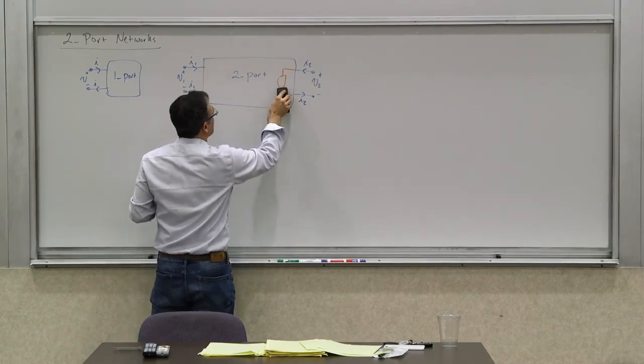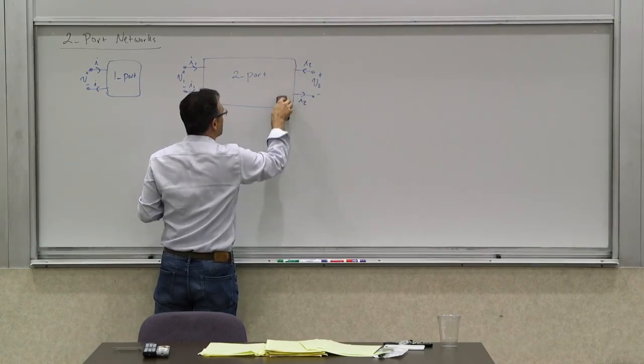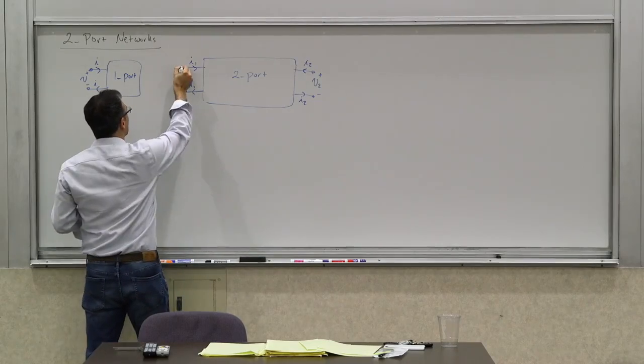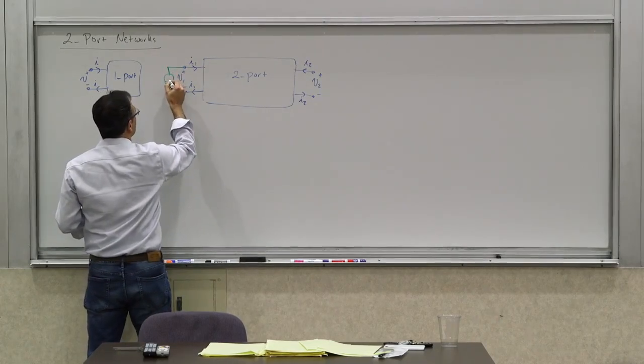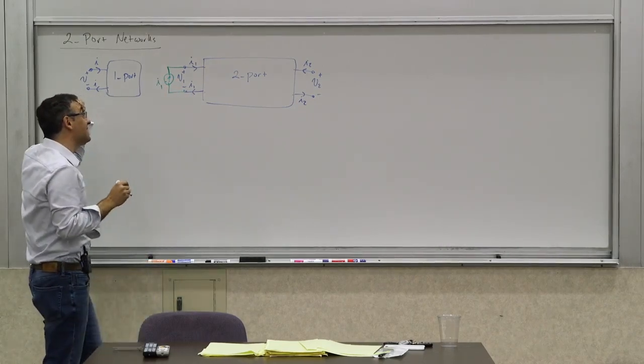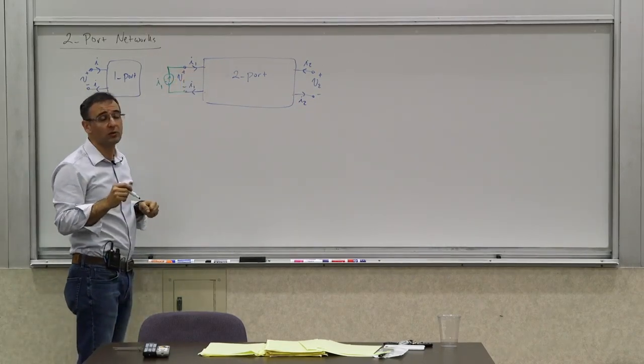A more important way this constraint can be satisfied is by applying an external source. If you apply a current source, say I1, then this guarantees that these two currents will be the same.